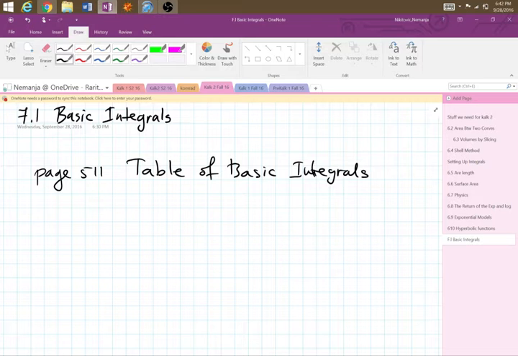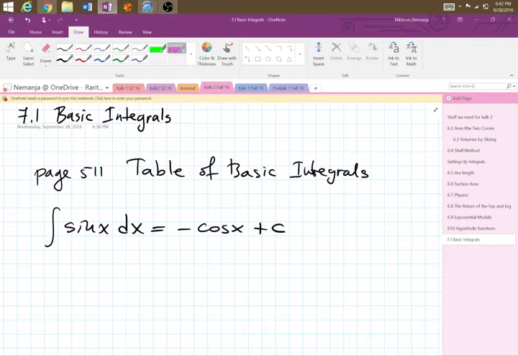Now, we are going to just take a look at the integral of sine x dx is equal to negative cosine x plus c. Please make sure that you have this plus c every time you are doing an indefinite integral, meaning no limits.